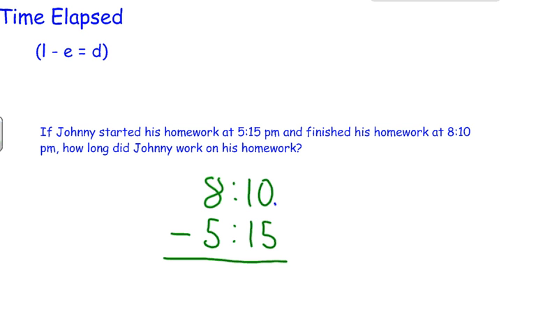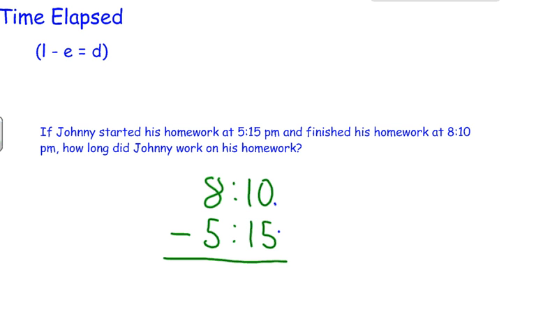And so this minus this just can't happen. So in the end, we're going to have to borrow. But when we borrow time, it's different because we're not necessarily borrowing a power of 10 or a section of 10. But instead, we need to borrow an entire hour. All right?